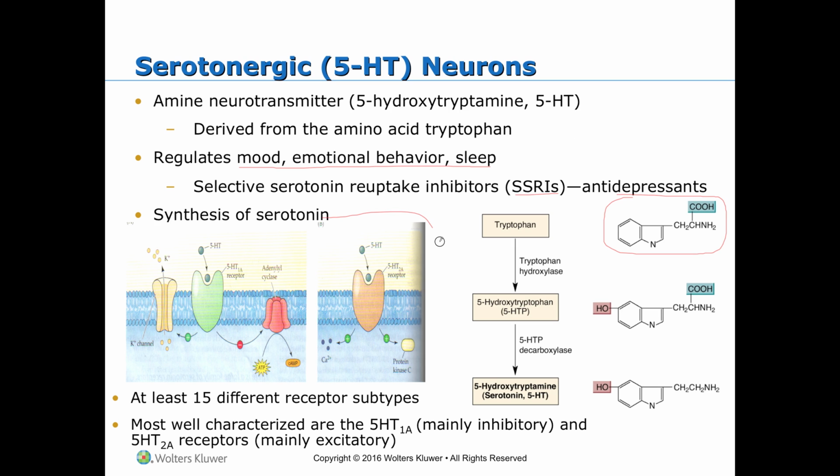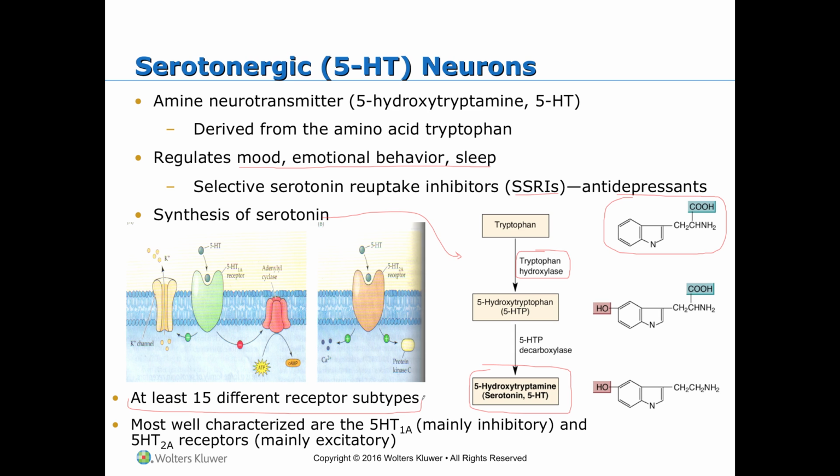Now right here is the synthesis of serotonin. Tryptophan turns into 5-hydroxytryptophan through the enzyme tryptophan hydroxylase, which is the rate-limiting enzyme. Then 5-HTP decarboxylase turns 5-HTP into serotonin, or 5-hydroxytryptamine. In serotonin neurotransmission, there are at least 15 different receptor subtypes, a huge number.